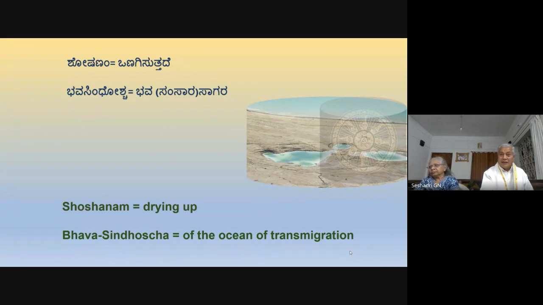That experience of that supreme will dry up. There is no more ignorance. Shoshanam bhavasindoscha, samyak shoshanam bhavasindoscha. Please read it like that. Totally, all our ignorance that I am the Upadhis will dry up, and the ocean of transmigration is gone.